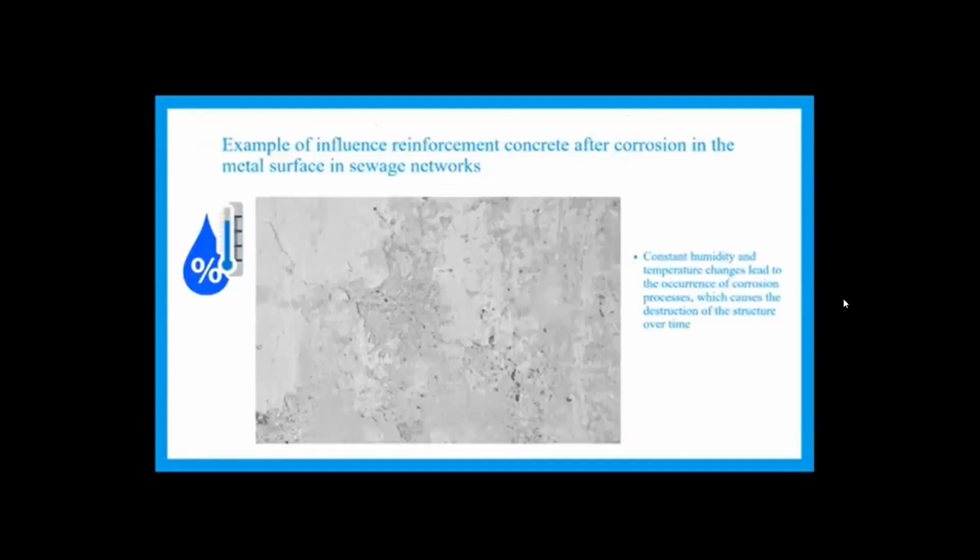An example of modeling the anodic current in defects on the metal surface in a civil sewage network is considered. Constant humidity and temperature changes lead to the occurrence of corrosion processes, which cause the destruction of the structure over time.